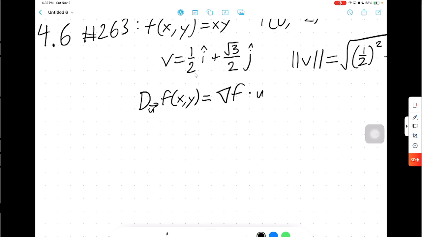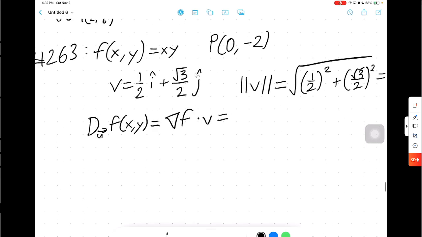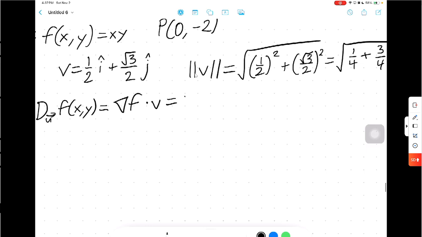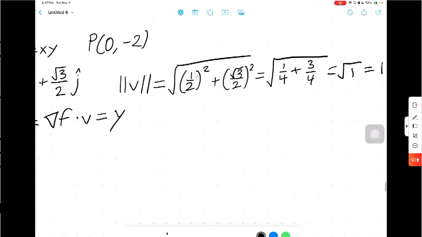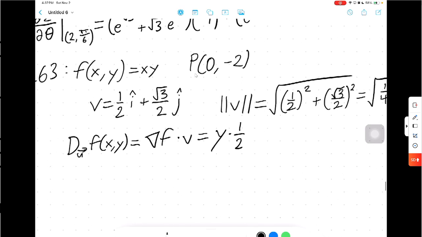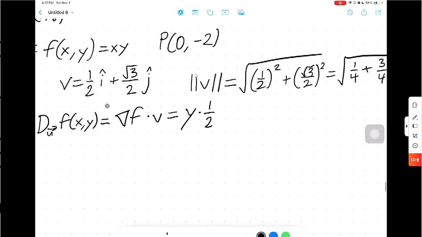So gradient of f dotted with the unit vector, which in this case is just v. We're going to do partial of f with respect to x, which is just y, times this unit vector component here, which is 1/2, plus partial f with respect to y, times root 3 over 2.